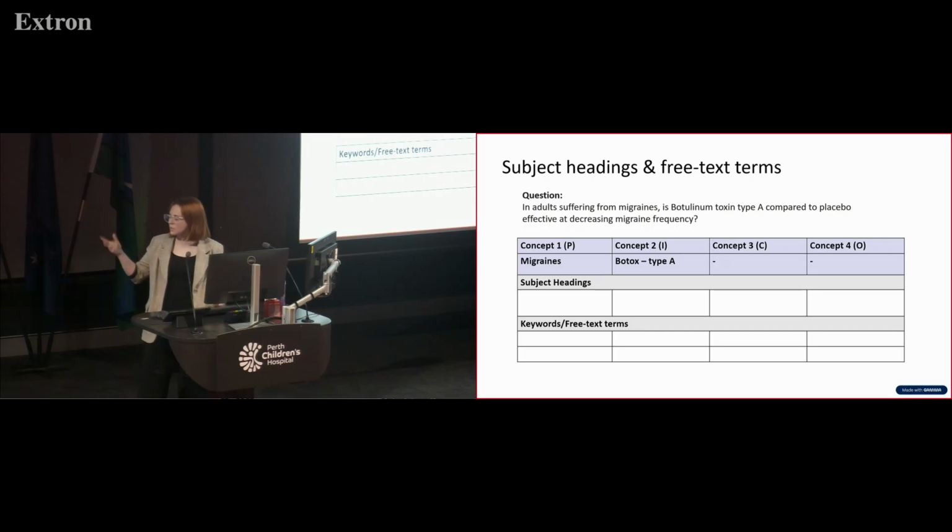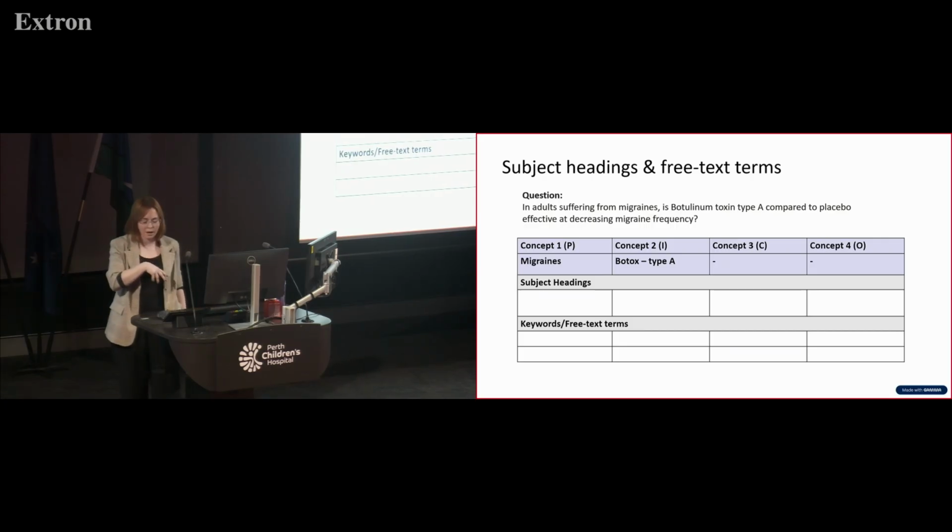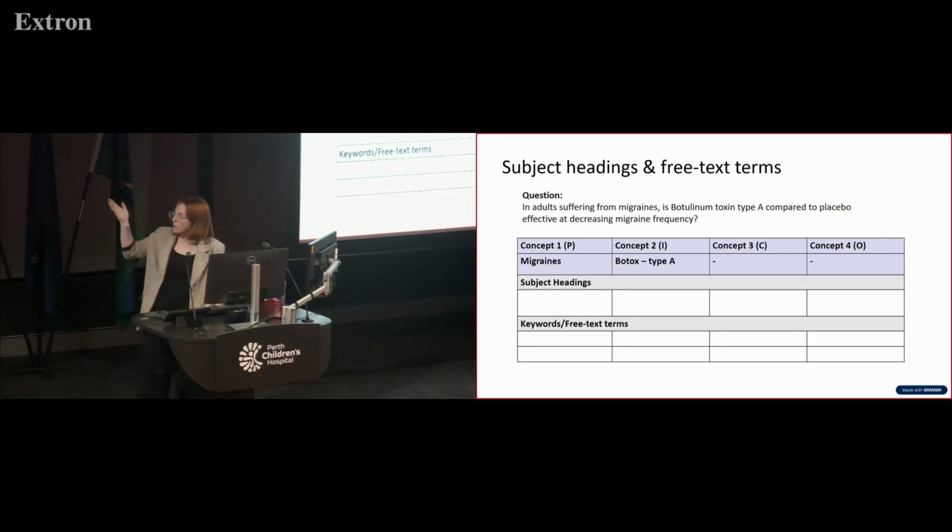What this does is it can help structure your thoughts and get your thoughts from your Word document over to the database. Earlier I mentioned that we want to avoid using too many concepts. As you can see, I've just gone for two here to avoid narrowing the search unnecessarily.